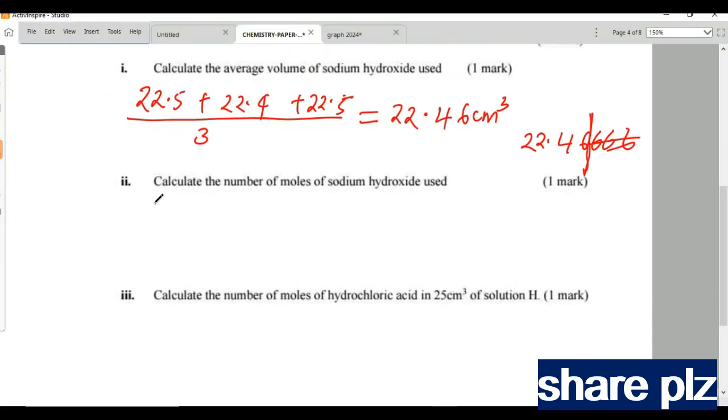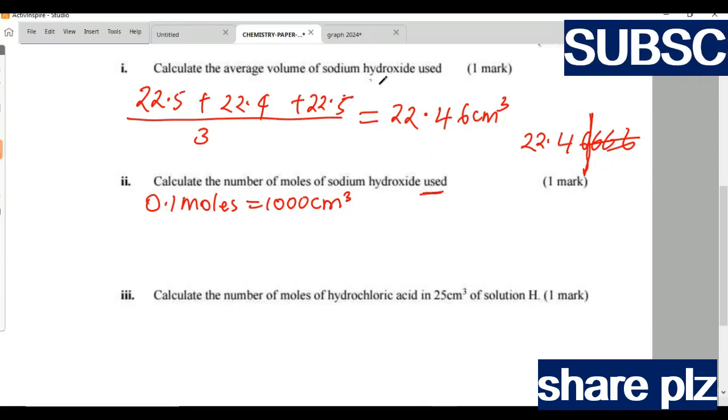Now we know that 0.1 is the number of moles in 1 liter. A liter is 1,000 cm³. But what is the volume of sodium hydroxide we have used? It is this.